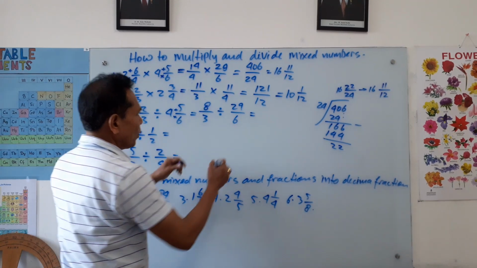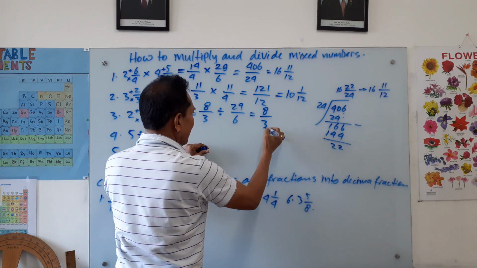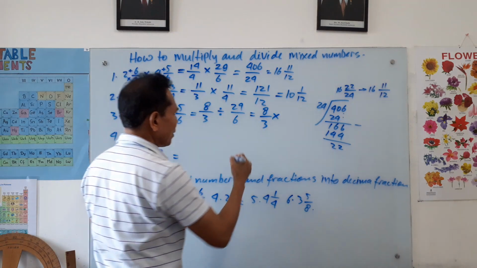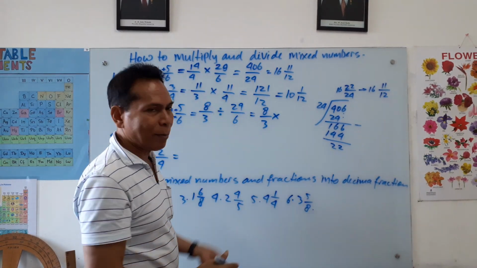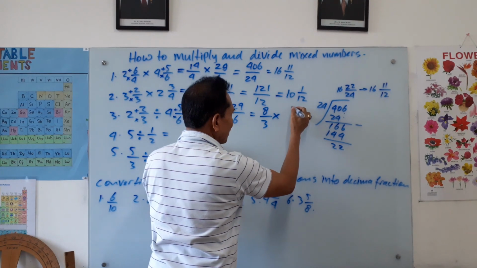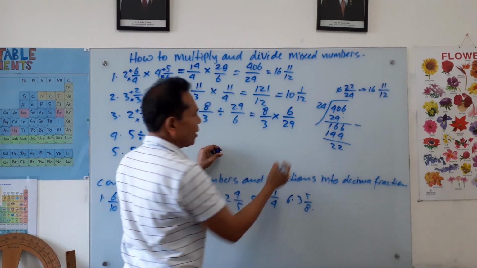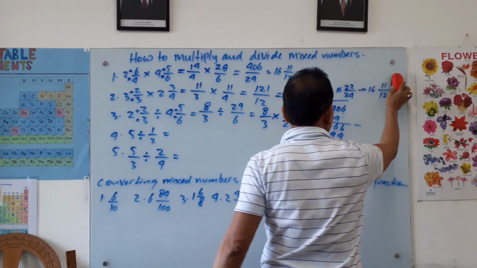So we take 8 over 3 times, we change the position, 6 goes up to become numerator, so 6 over 29, 29 becomes denominator here.